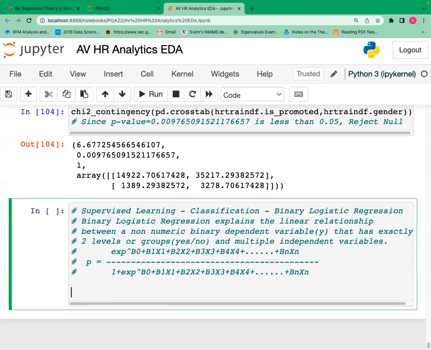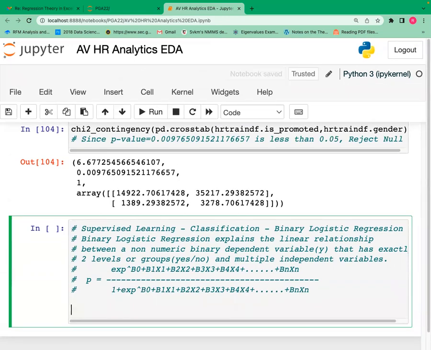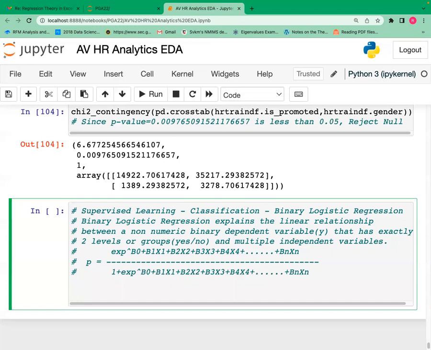Binary logistic regression explains the linear relationship between a non-numeric binary dependent variable that has exactly two levels, yes or no, and multiple independent variables. In the equation, P represents probability, and probability lies between 0 and 1.